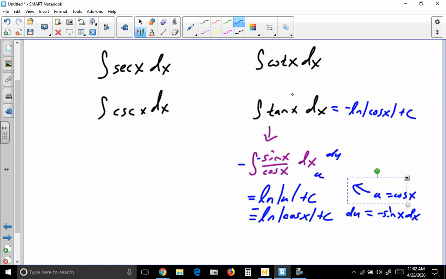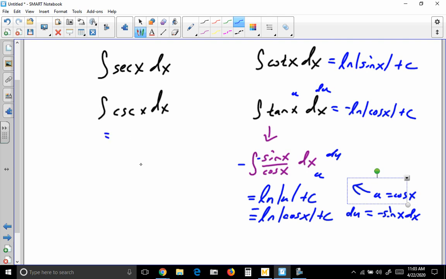If this is not just x, then we would just change that to u, and that would have to be du. So whatever is on the inside, this would have to be the derivative of that function. The same type of thing works with cotangent. Cotangent is cosine over sine. So this one turns out to be natural log absolute value of sine plus c.